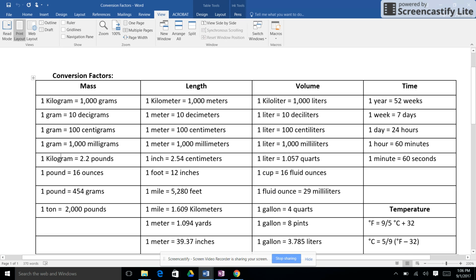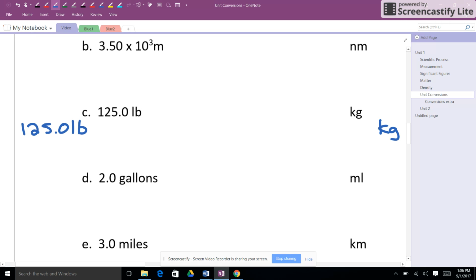So you're going to get a list kind of like this that shows you all the useful conversion factors. Now looking at this list, it looks like it's got some information about pounds and ounces, pounds to grams, grams to kilograms, but it's also got this one right here that lists a direct link between kilograms and pounds. So that's the conversion factor I'm going to use.